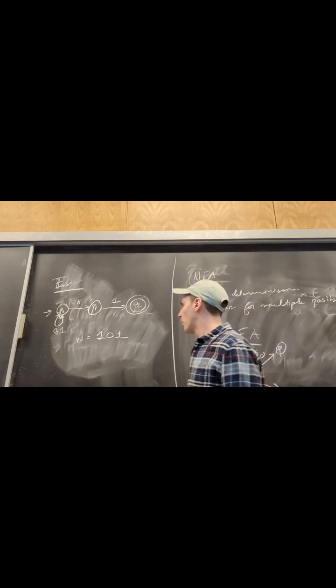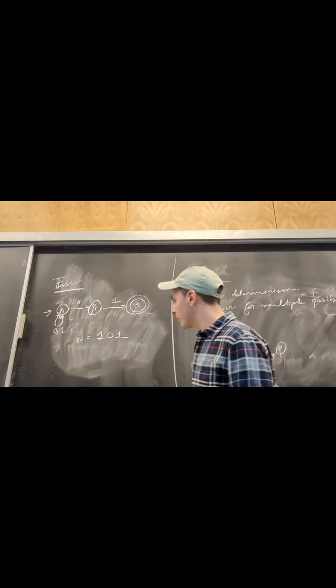So what does this look like for 101? You could start from Q0. Then you could say, okay, I'm going to start reading this 1. And from Q0, I'm going to decide to stay at Q0, because Q0 is very cozy. So I stay at Q0, and now I move my pointer, so now I'm reading 0.